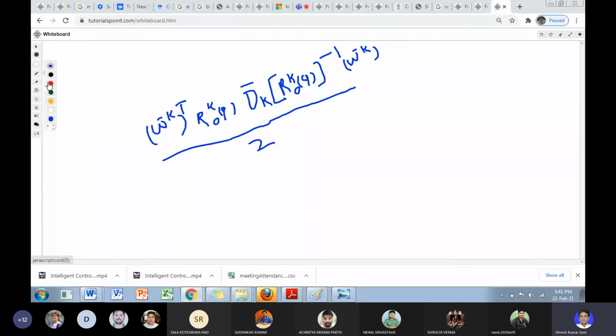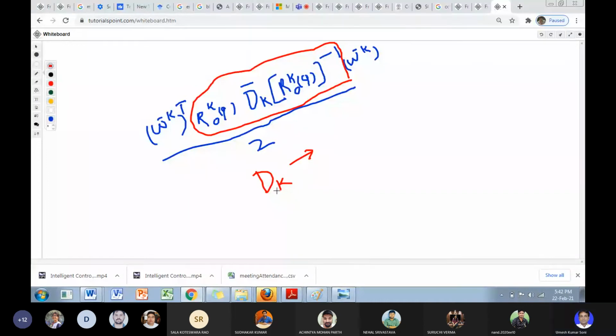Okay, so here you see that this term has been replaced by dk. So we can see that dk can be represented in terms of the inertia tensor with respect to the base frame and the inertia tensor with respect to the kth frame.